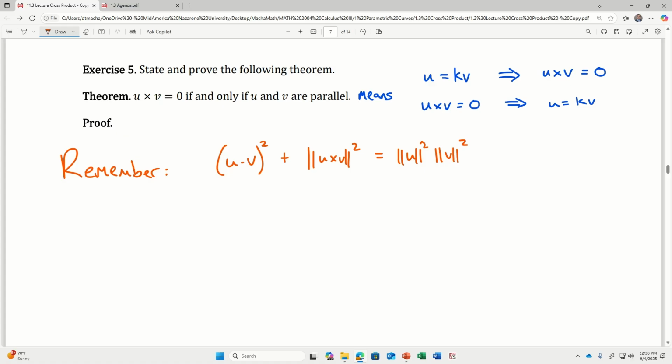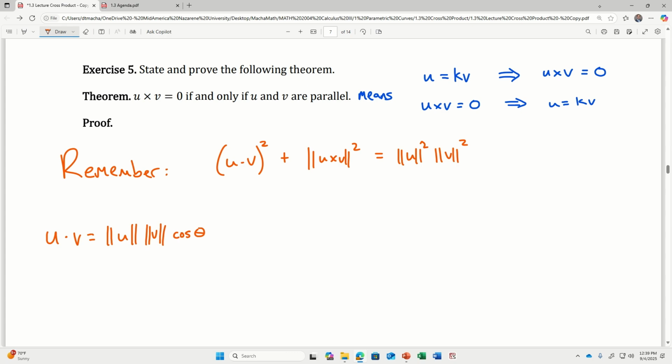Well, what is u dot v? U dot v is the norm of u times the norm of v times cosine of theta, where theta is the angle between the vectors. This is what we learned last week. So we're borrowing that from last time.